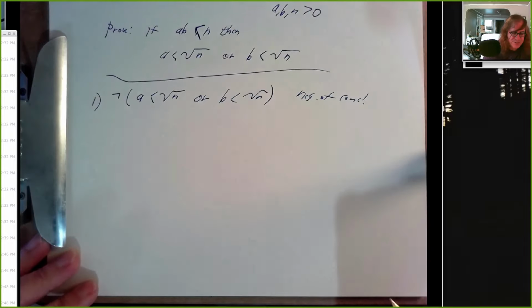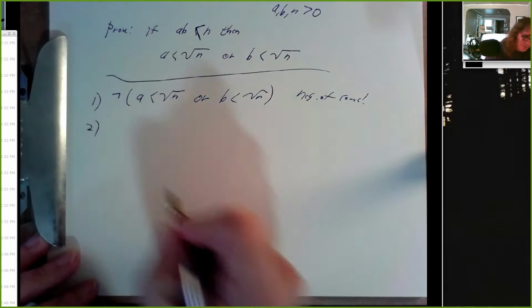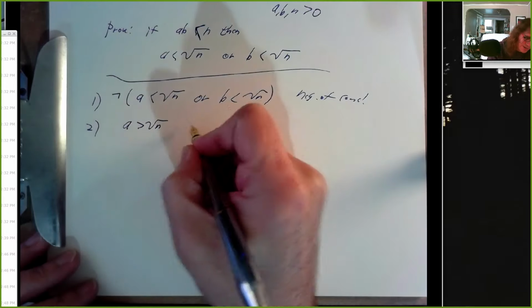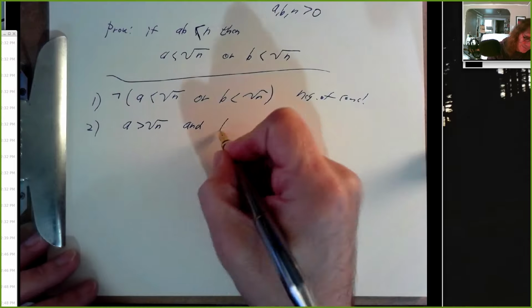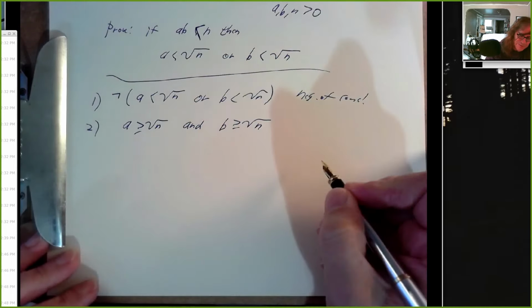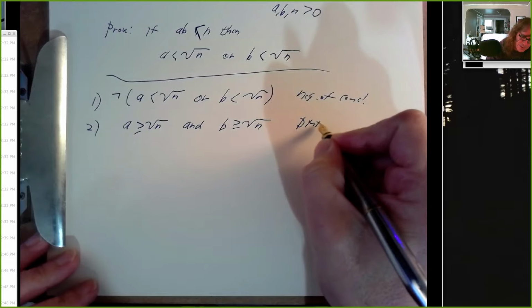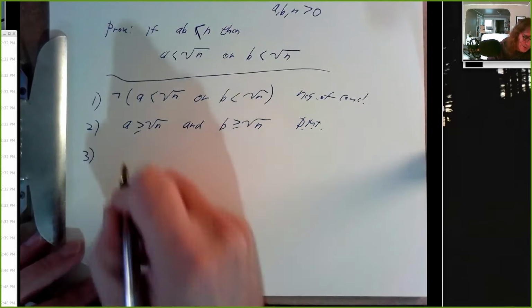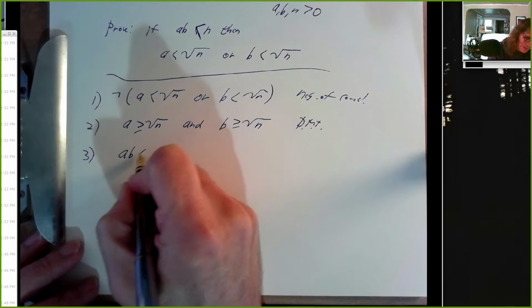That's the negation of the conclusion. And if I De Morgan that, it tells me a is bigger than or equal to the square root of n, and b is bigger than or equal to the square root of n. That's De Morgan's theorem. And I'm also told ab is less than n.